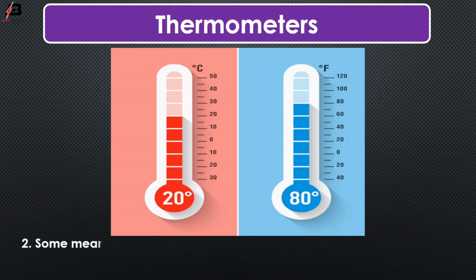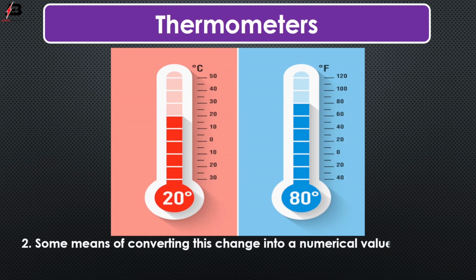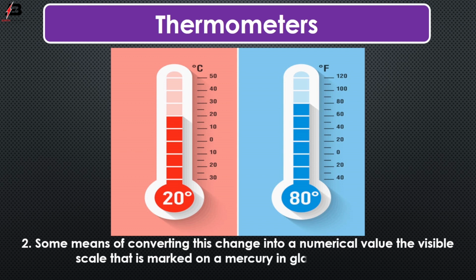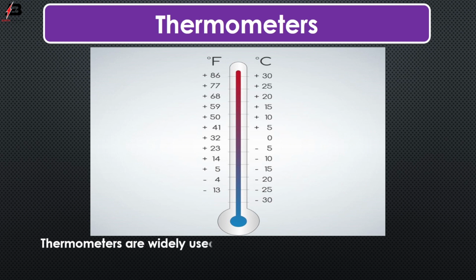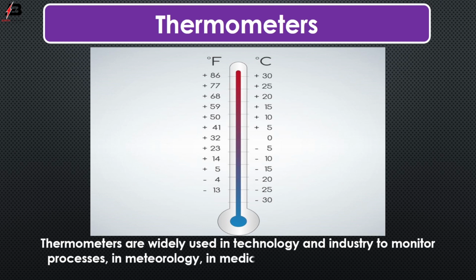Number two, some means of converting these changes into a numerical value, the visible scale that is marked on a mercury in glass thermometer. Thermometers are widely used in technology and industry to monitor processes, in meteorology, in medicine, and in scientific research.